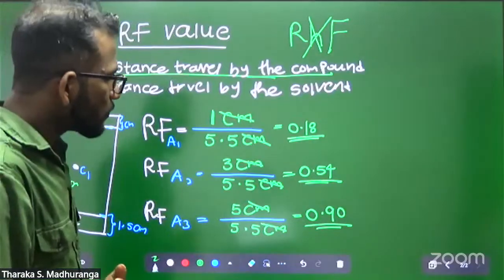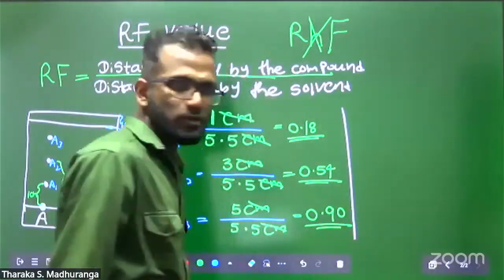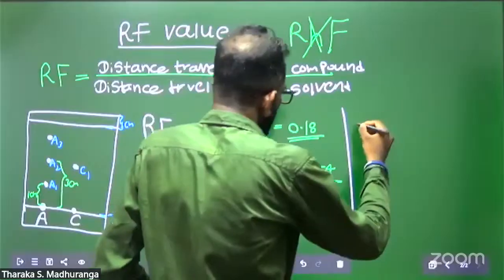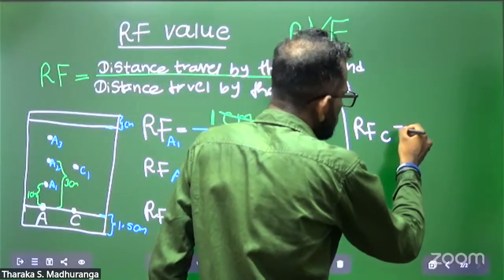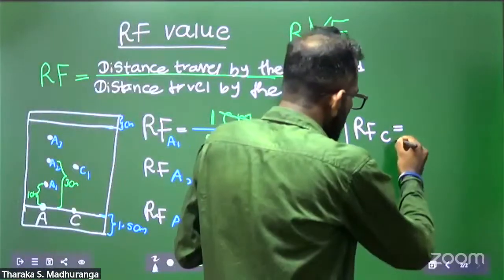Now, finally, you need to get the RF value of the control sample C1. Important.